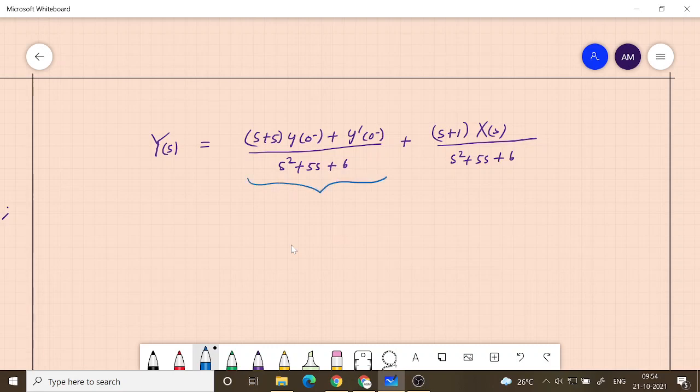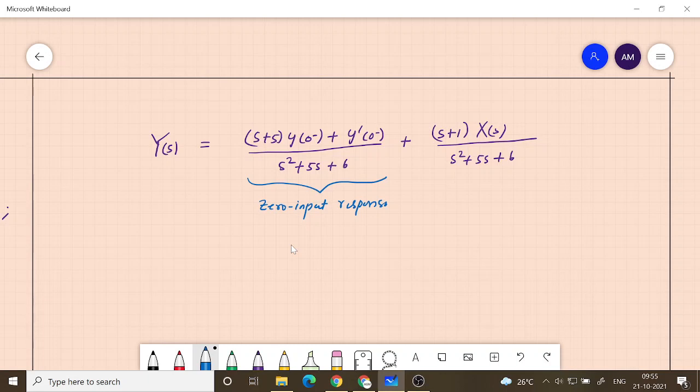So this is called zero input response. Why is it called zero input response? If the input was 0, that means if you had not applied any input, the second term will not be there, so the entire response will be due to the non-zero initial conditions, which we are now calling zero input response. So if there is zero input, then what is the response of the system?